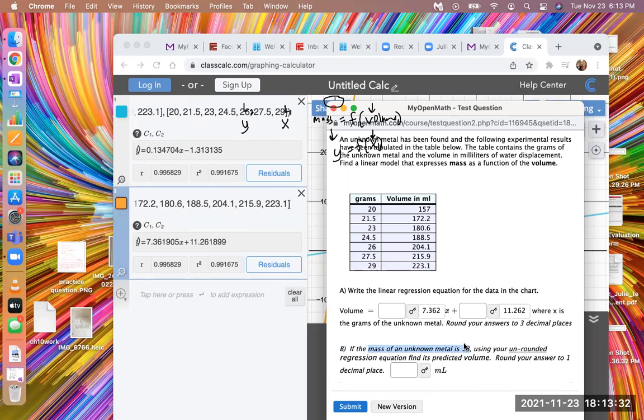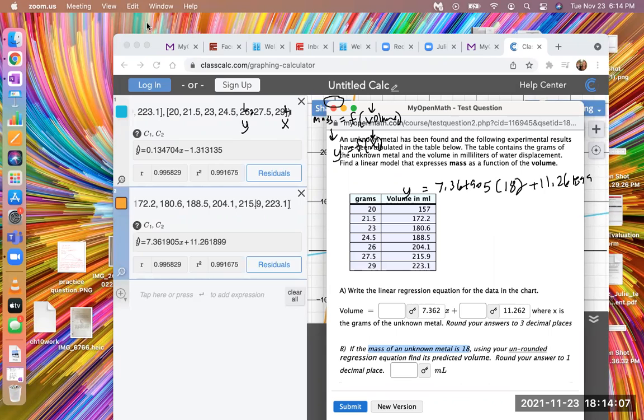We need to plug 18 in for X. So we have this equation, 7.361905 times X, so times 18, and that's equal to the volume, or Y. That's 11.261899.